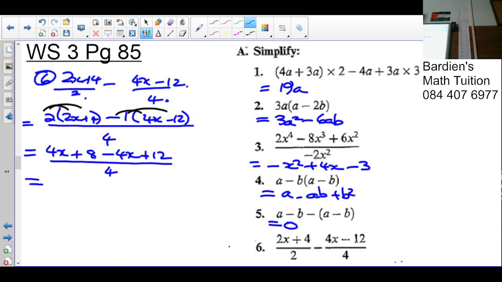So what happens here? Negative, so that cancels. So 8 plus 12 is 20 over 4, which is? Who got 5? Yeah. Okay.